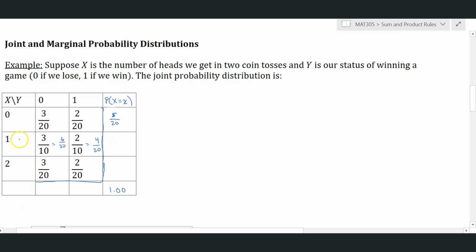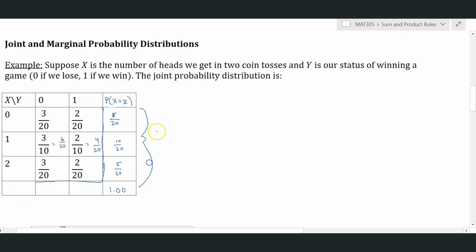Similarly, the fraction of times where X is 1 would be 10/20ths of the time. And the fraction of time that X is equal to 2 would be 5/20ths of the time. Notice once again that if you add 5 plus 10 plus 5, you get 100%, because in essence, we're still adding all 6 of these values. We just collapsed them down into 3 values.